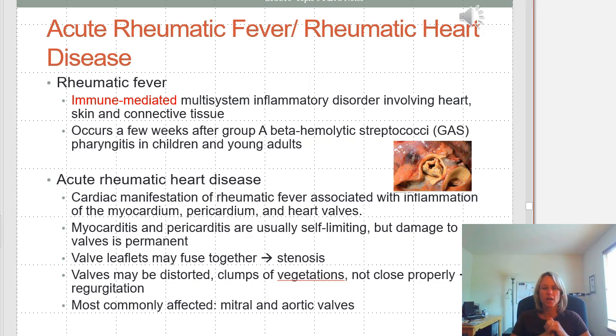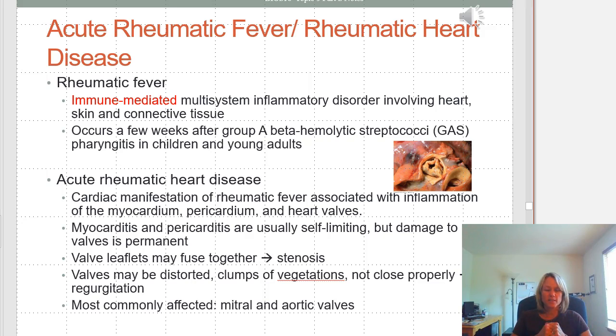Rheumatic fever and rheumatic heart disease are caused by an immune-mediated inflammatory disorder that involves the heart, skin, and connective tissue. Now I want to make it clear that although it occurs after an untreated strep infection by group A beta hemolytic streptococcus, it is not a direct result of the bacteria, rather it is a direct result of the immune response.